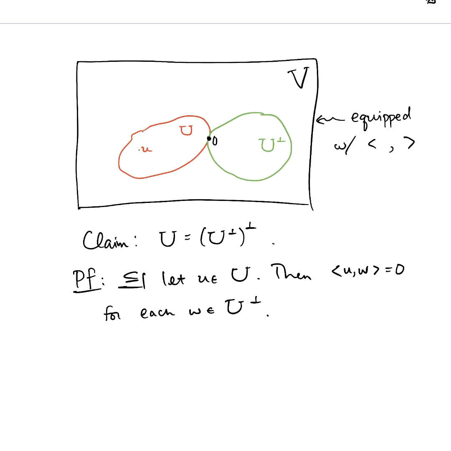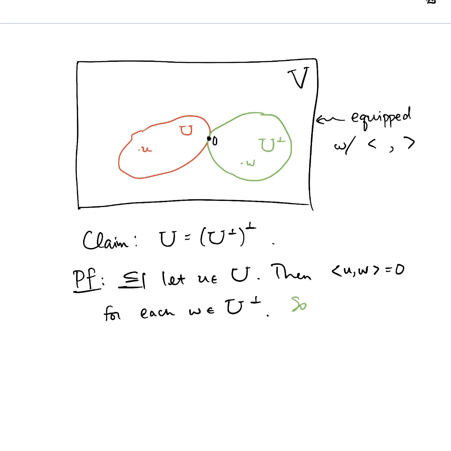If W is in U perp, so on our picture, W's over here, okay, well, how did it get into U perp? W got into U perp by being orthogonal to everything in the red. In particular, W is orthogonal to U. So U inner product with anything from U perp is 0. And that means U is orthogonal to all of U perp. So that means U belongs to U perp perp.